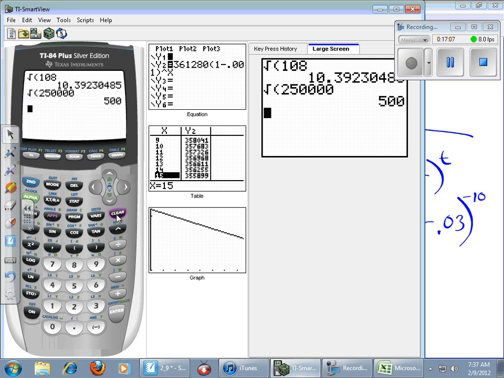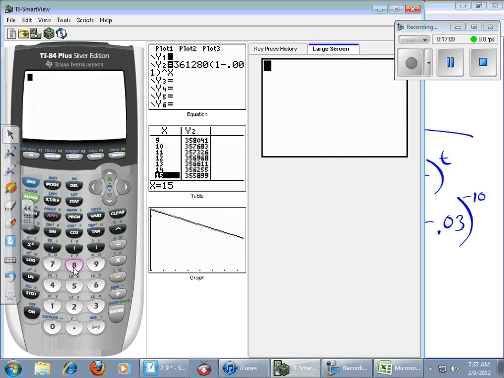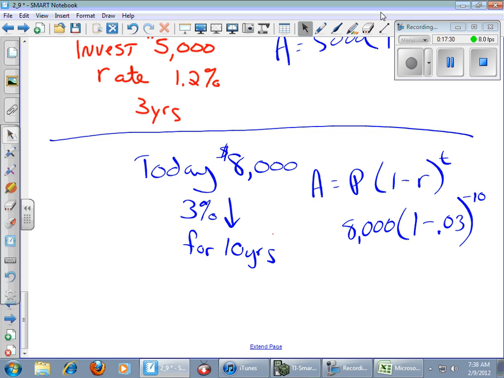Let me clear that out. I have $8,000 times 1 minus 0.03, and it's 10 years in the past. And there we go. So that means I had $10,848.57 in my account at that time.